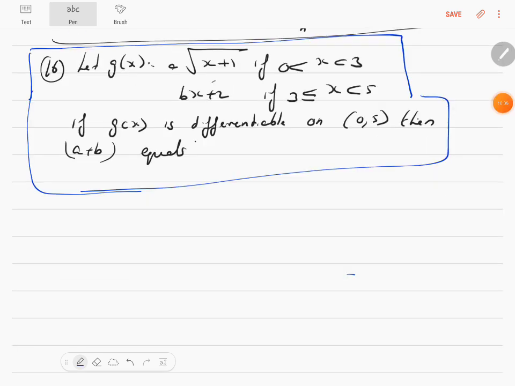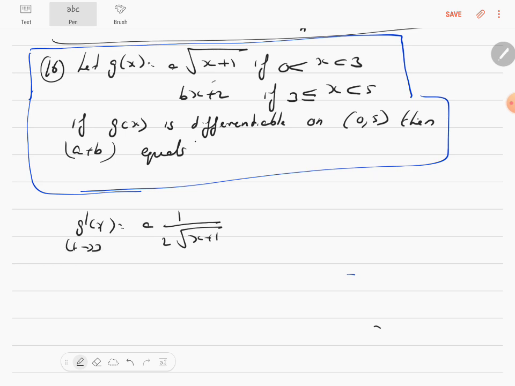So let's look at the question. Let g of x be equal to a into root of x plus 1, and bx plus 2 for different intervals. g of x is differentiable from 0 to 5. So what is differentiability? Differentiability means g dash of x itself is a into 1 by 2 into root of x plus 1 for the left hand limit, if you approach 3 from the left.